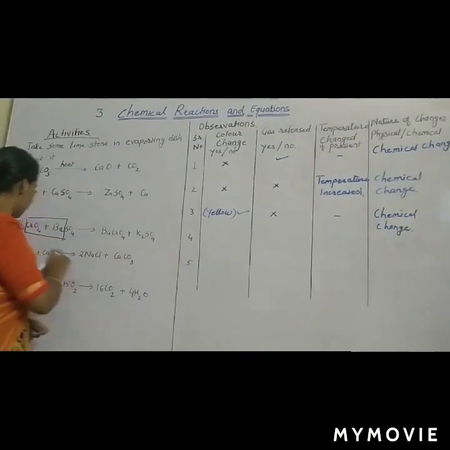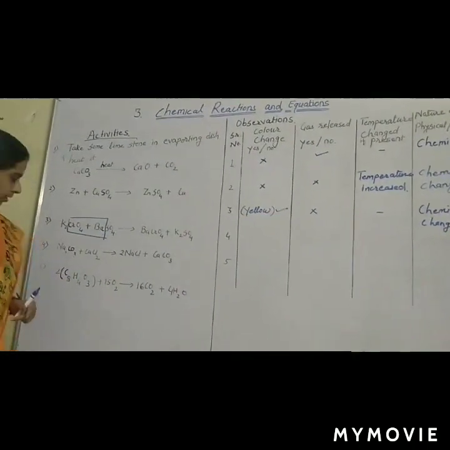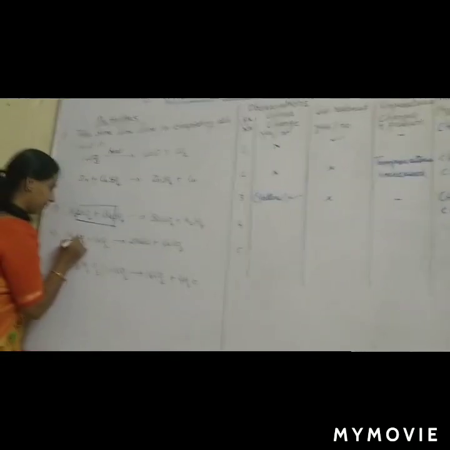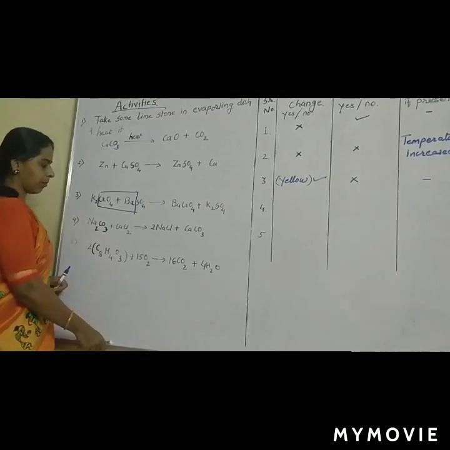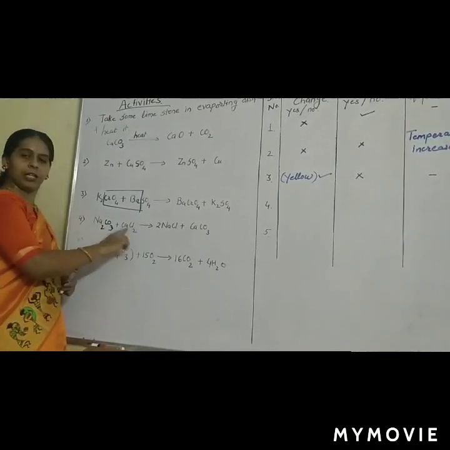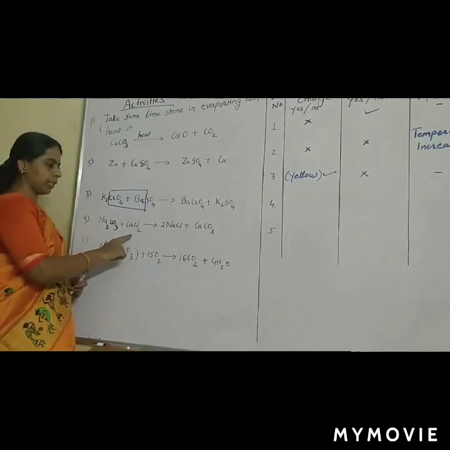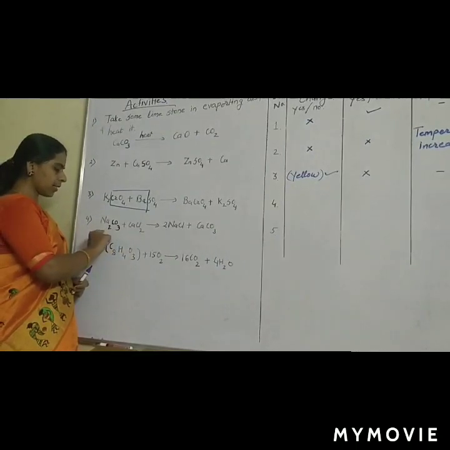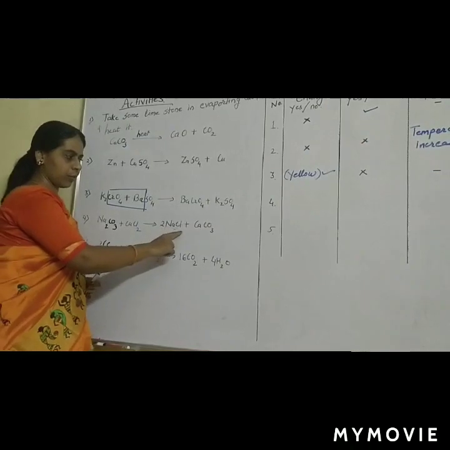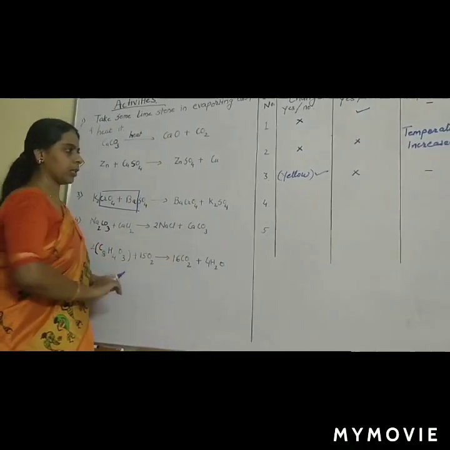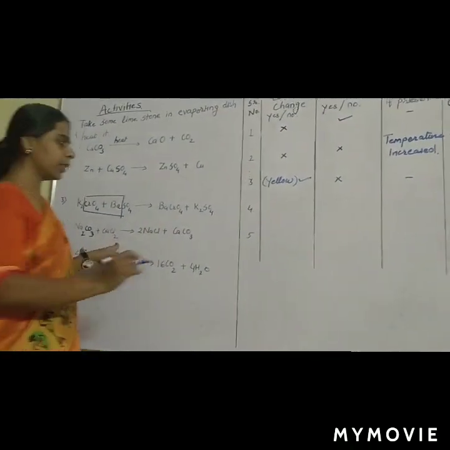Now the next activity, the fourth one, is sodium carbonate. This is the formula of sodium carbonate, combined with calcium chloride. When sodium carbonate combines with calcium chloride, the two Na combine with two Cl. So there is a formation of two molecules of sodium chloride and calcium carbonate. During that reaction, there is no change in color.